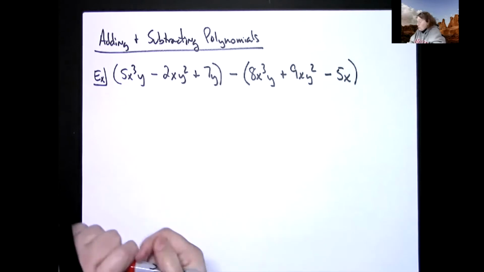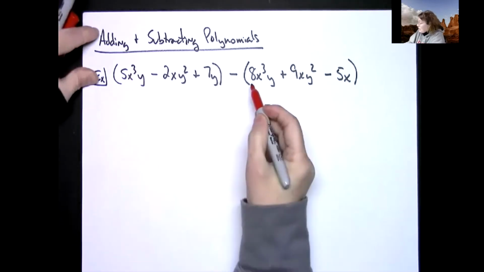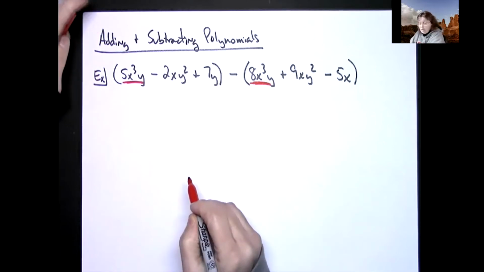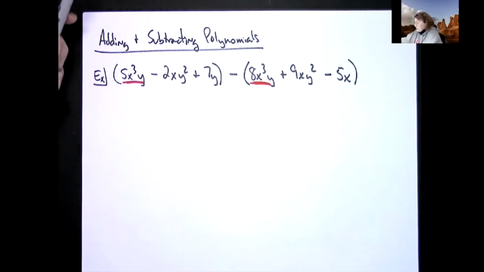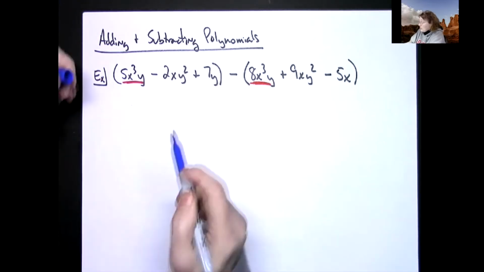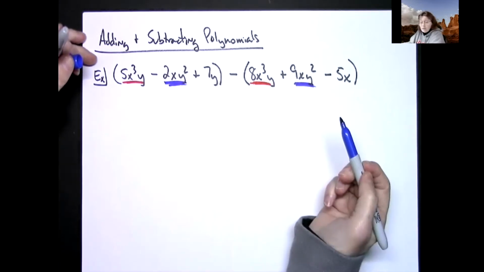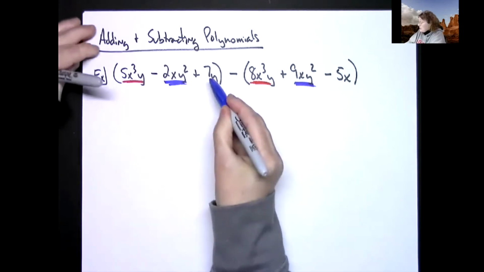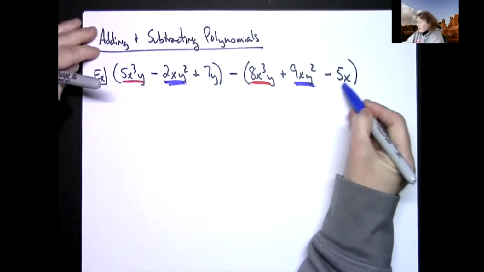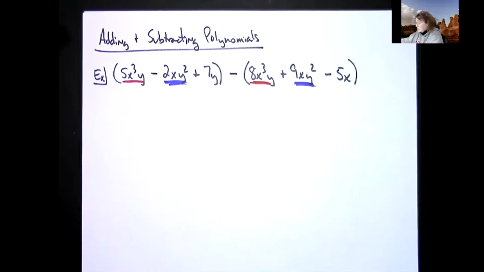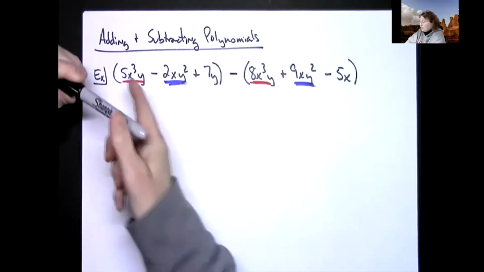We've got an x to the third y and an x to the third y, so this term and this term are alike, and I will be putting those two together. The xy squared terms are like terms, so I'll put those together. And the 7y and this 5x are not like terms, so they will just be individual terms that I carry through.